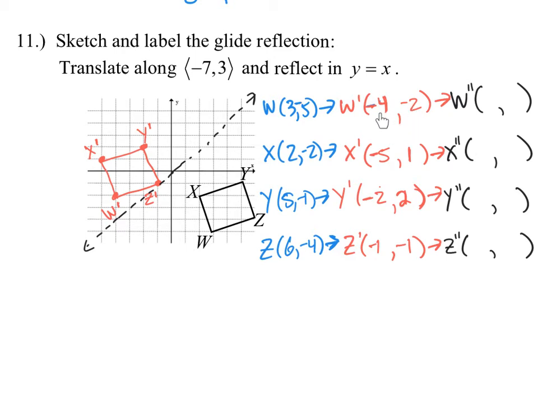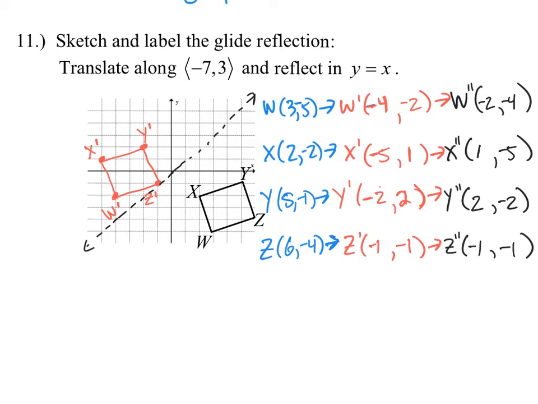So if W prime is -4, -2, then W double prime will be what we get when we just switch those. So it would be -2, -4. Then X double prime would be +1, -5. I'm just switching the x and the y. Y double prime would be +2, -2. And then Z double prime, well, -1, -1, nothing happens when you switch.